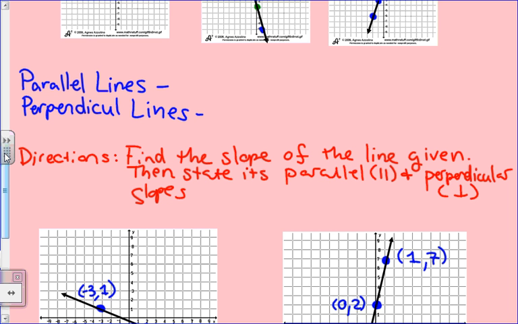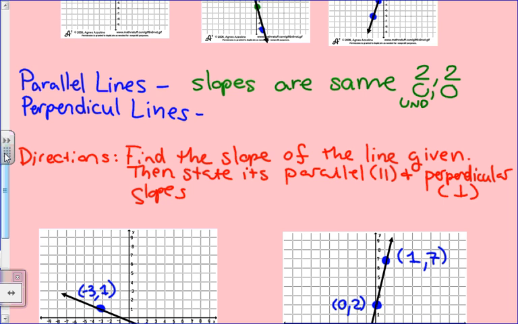So their slopes must be the same. Again, if it was increasing like 2, then it would be 2. If it was 0, it would be 0. If it was undefined, it would also be undefined.